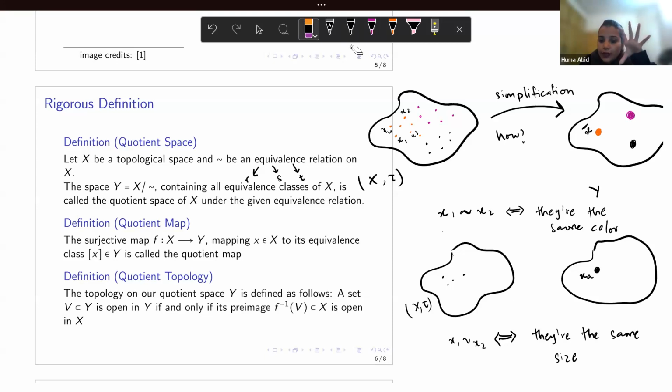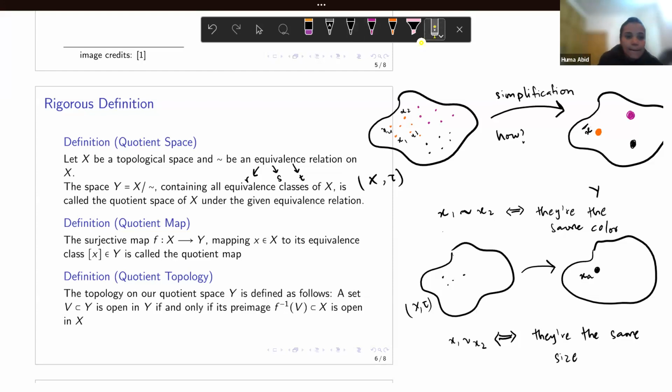So the point of this example is that your original space X is the same, but if you change your equivalence relation, then the resulting simplified space will look different, because the equivalence classes become different. The rule based on which you are identifying your points, if that becomes different, then of course the resulting space becomes different, right?